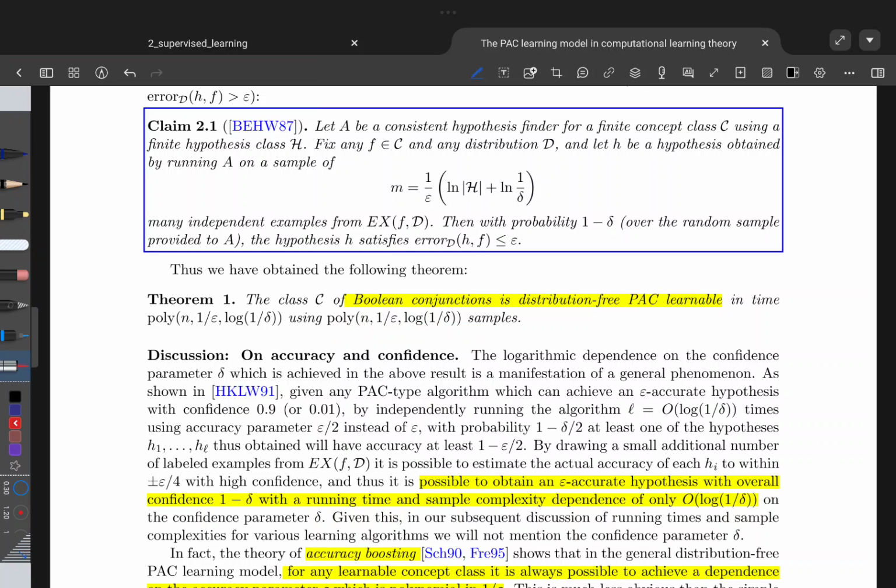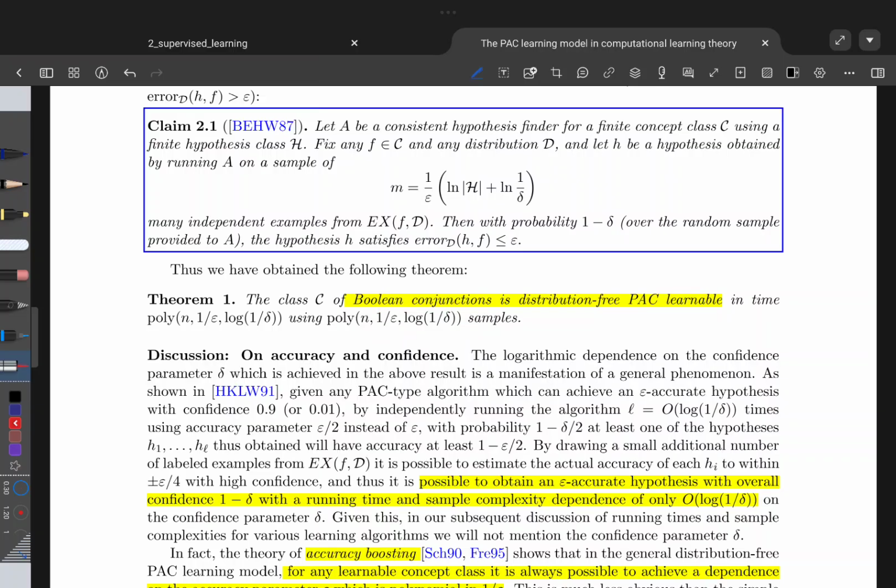So one thing is that if you think about our analysis of empirical risk minimization that we did in class, effectively in all cases, we showed that the sample complexity is polynomial in 1 over epsilon and log 1 over delta. But we did that using a completely different approach.